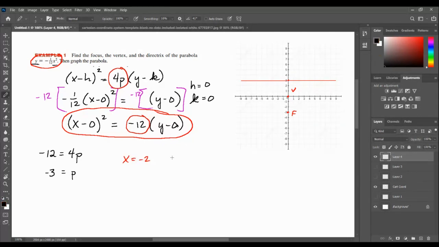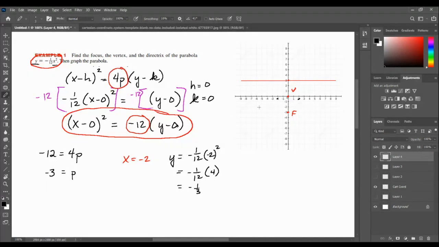So I can go to my function here, y equals negative 1/12 times negative 2 squared. So negative 1/12 times 4. So that would be negative 1/3. So at negative 2, it's negative 1/3, right about here. Positive 2 would give me the same thing. We understand the symmetry there.